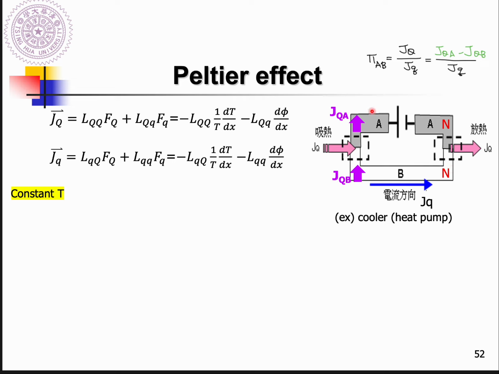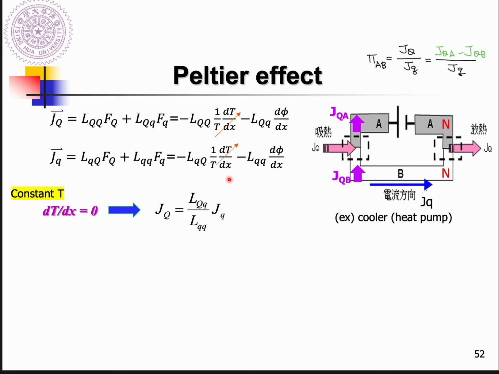But anyway, we assume there's no temperature variation along material A and B. So we say constant T. Based on constant T, you can directly delete the thermal F capital Q term, delete the dT over dx. So what you have is this term and this term, right?